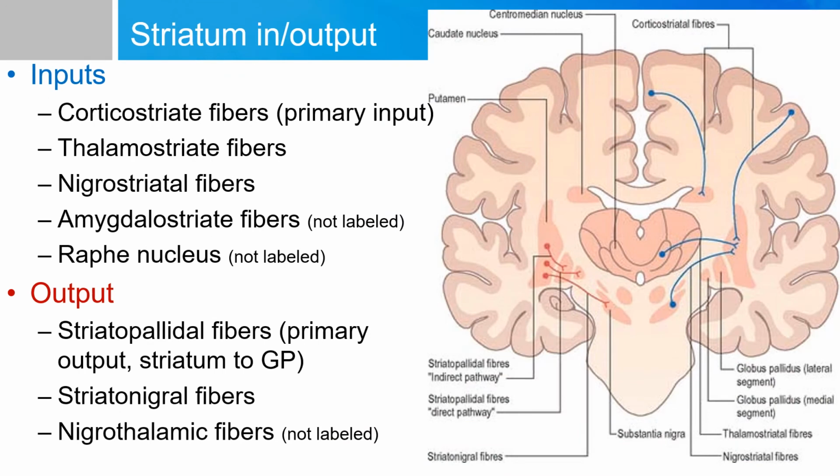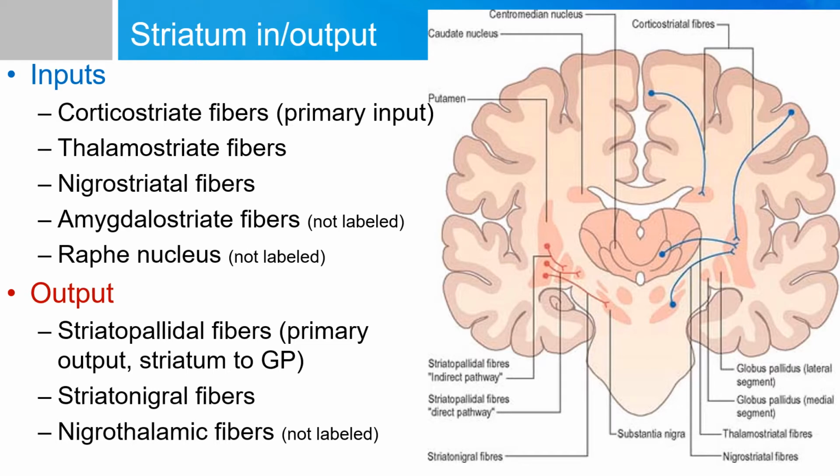So the striatum has many inputs and outputs, and they're mostly involved in the motor pathways and the basal ganglia pathways, as covered in the previous part. As a result, the most important input and output structures include the motor cortex, substantia nigra, and thalamus.